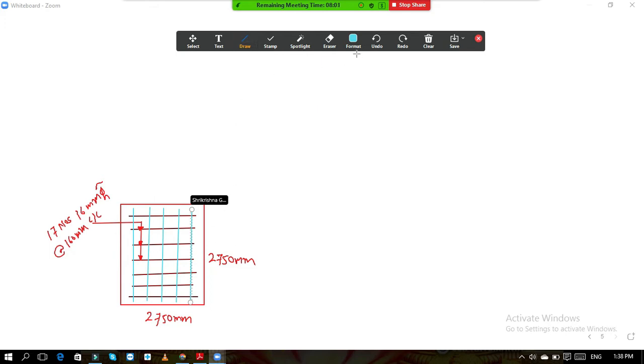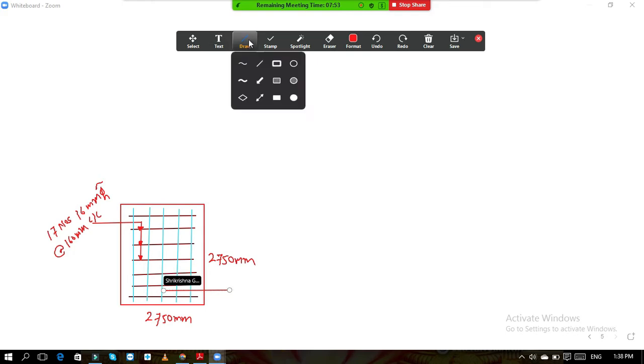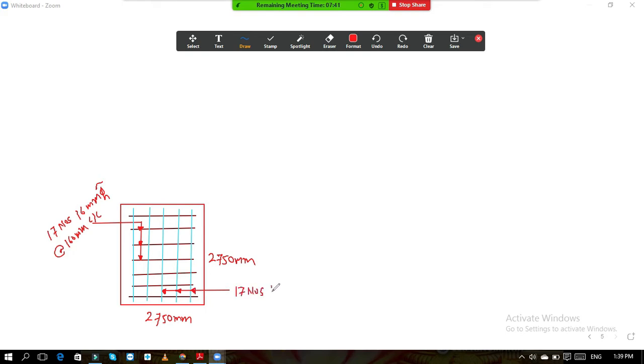So here you can write the name again. These are the steel in y direction bars, and these are again 17 numbers of 16 mm diameter, about 160 mm center to center.